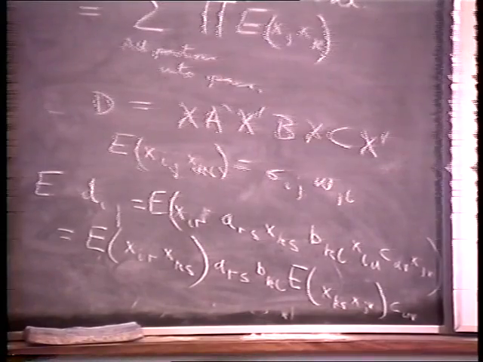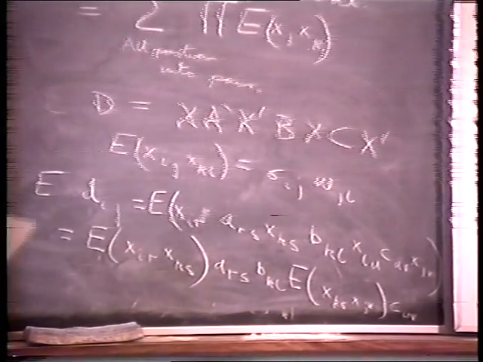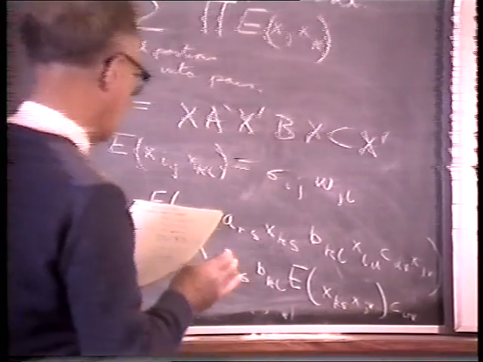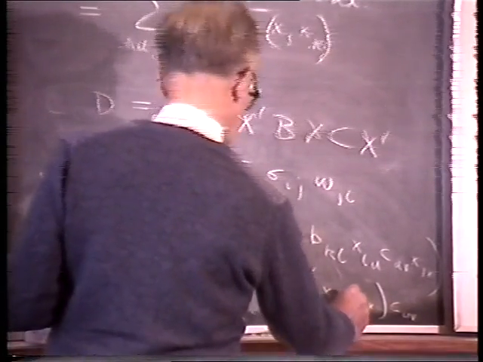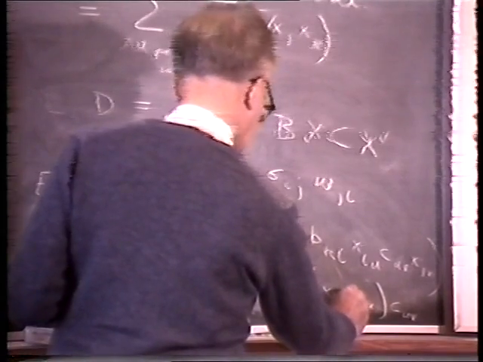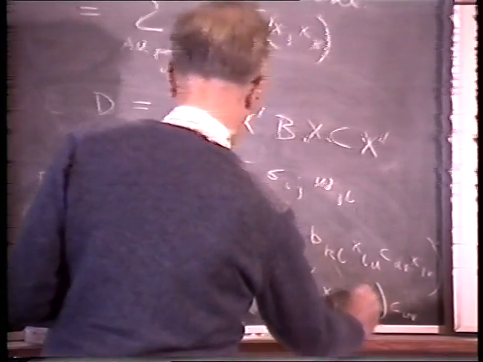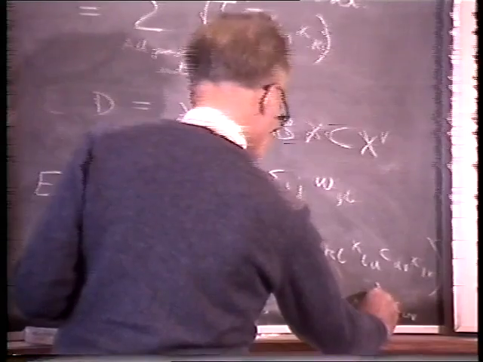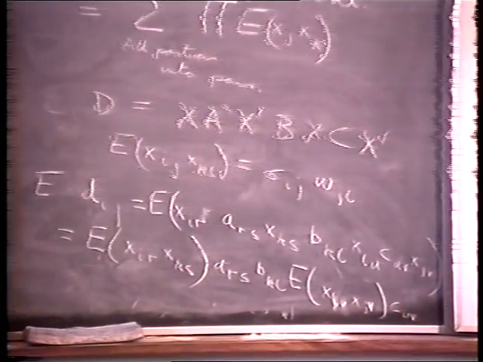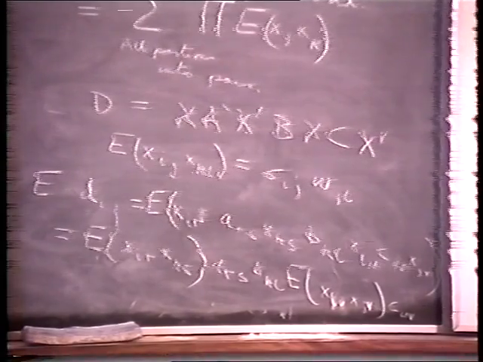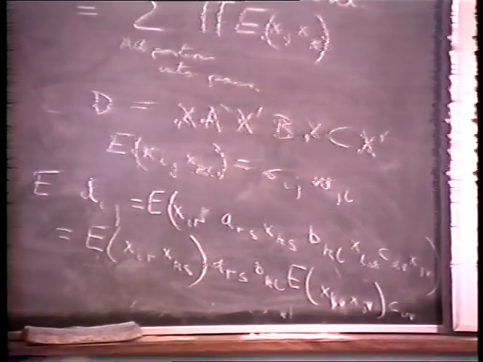You're going to have XKS twice now? Have we indeed? Yes, we have indeed. It's XLU. I'm sorry, XLU, XJV. That's supposed to be V. Well, it's obvious what the other two terms will be on the same basis.